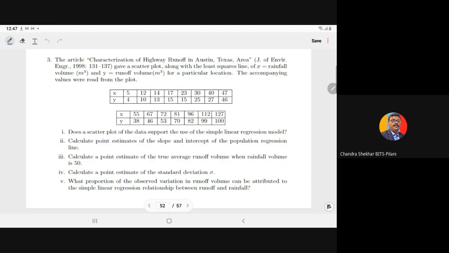Thus the scatter plot of the data supports the use of simple linear regression, because we can observe from the figure that all the observations are near to the line, so it is suitable for linear regression.